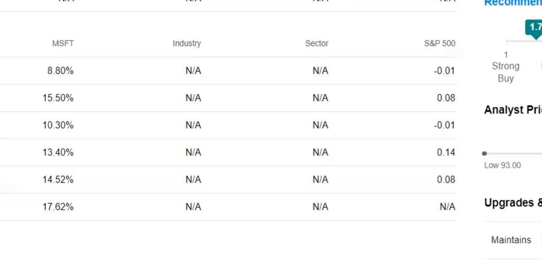The next 5-year growth rate is 14.52 and the past 5 years growth rate is 17.62. We take the average of these two values as the growth rate.